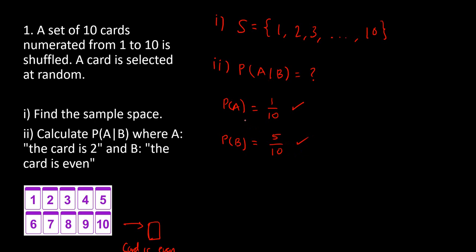So we know these two probabilities. But what is the probability of the card being the number 2, given that we know that the card is even? How do we solve this problem? What we do is this: we recognize the new sample space.